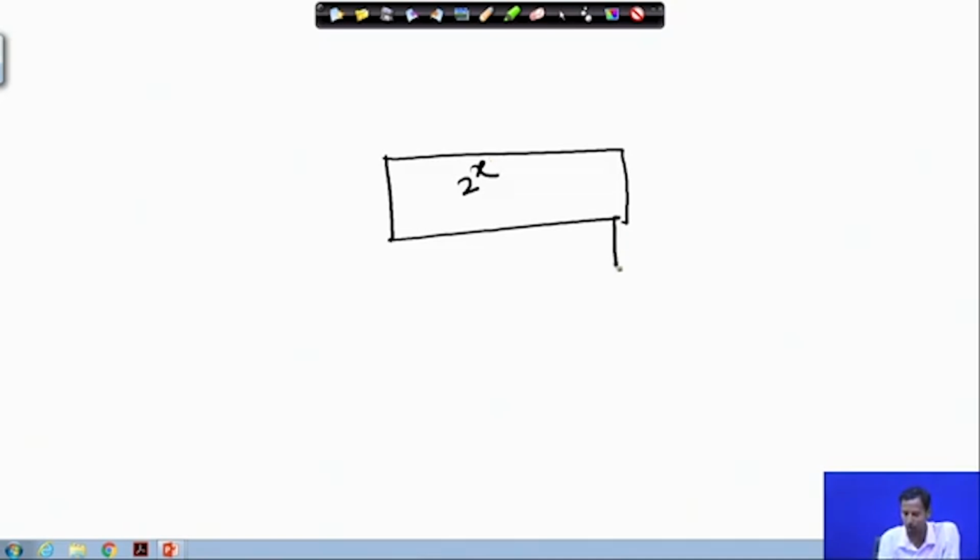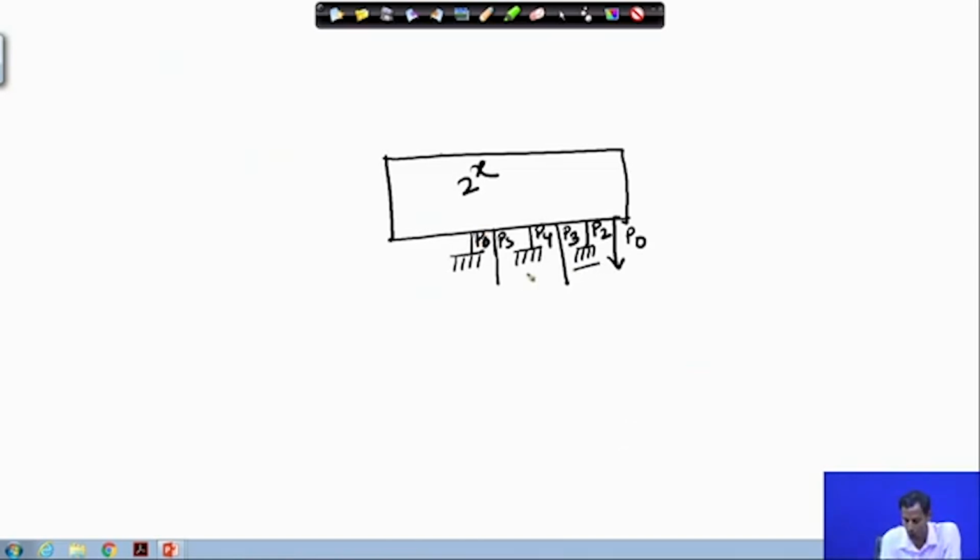Suppose this is the 2 to the power x function which I have already implemented earlier. So, here what I need is, initially it was P0, now this will become P2, this P3, this is P4, this is P5, this is P6, something like this.